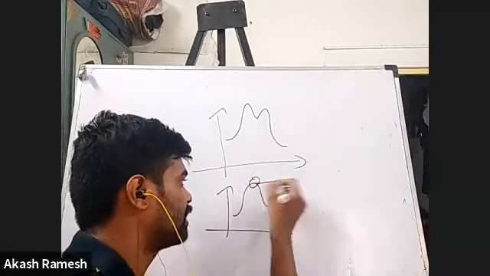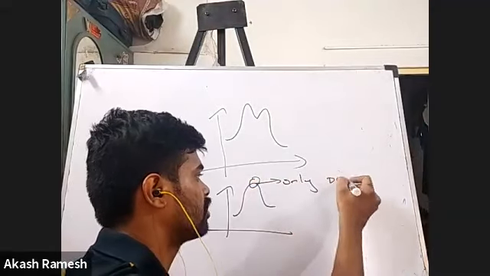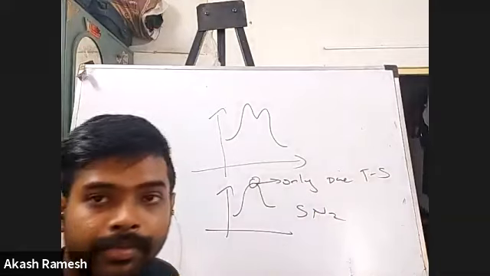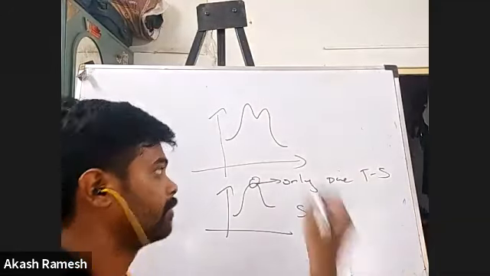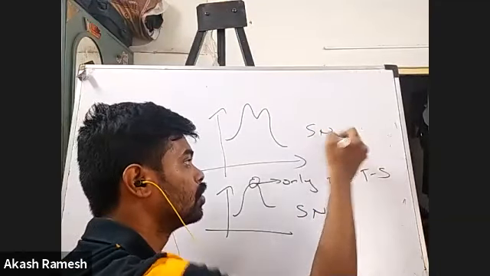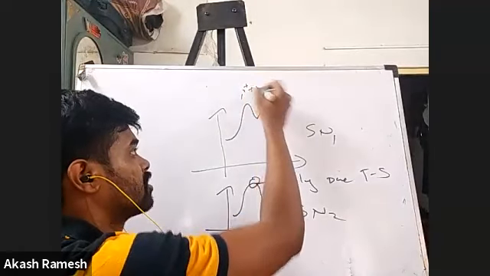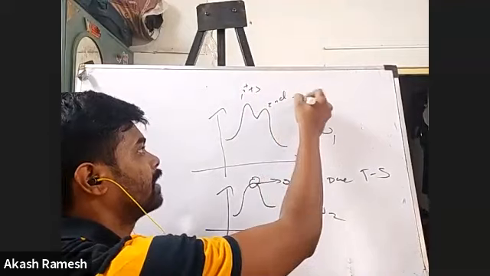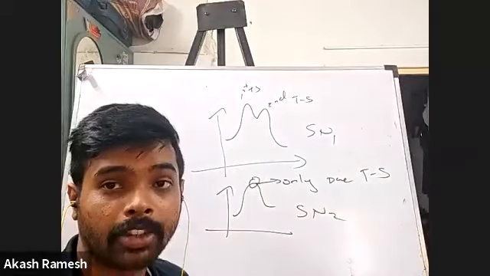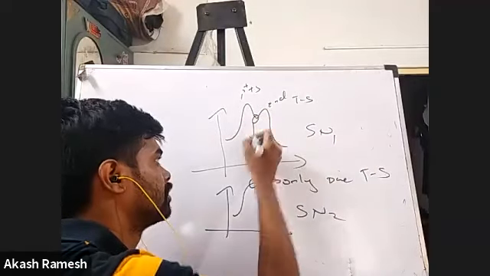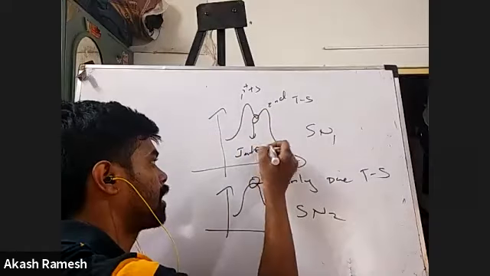This indicates that there is only one transition state. This is for SN2. But for SN1, there are going to be two transition states. This is the first transition state. This is the second transition state. So where is the intermediate then? The intermediate is here. This is my intermediate, that is my carbocation.